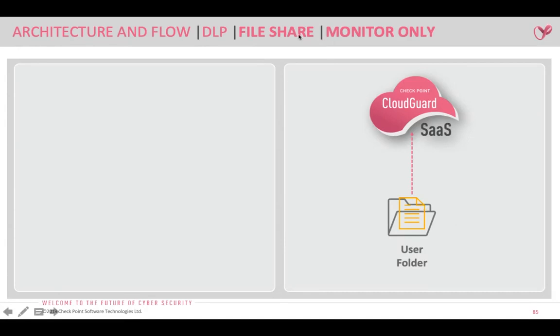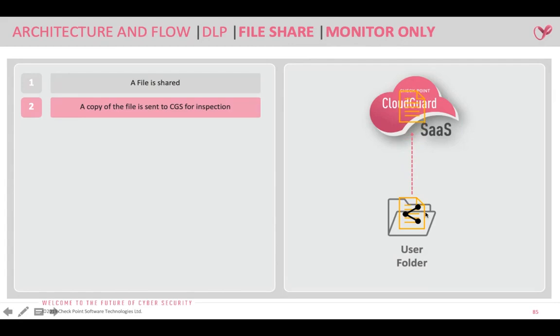Then the fourth flow here is that of DLP, data leakage prevention. The example here is of file share, and we are deploying the CloudGuard SaaS in monitor only mode, right? So we have a CloudGuard SaaS server over here, and this is the user folder. Since this is a case of DLP, a file is being shared first, and a copy of that shared file would first be sent to CGS for inspection, right? CGS would inspect the file based on the policies which you have defined at the time of configuring the whole solution.